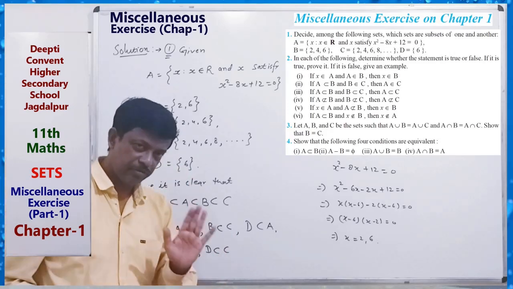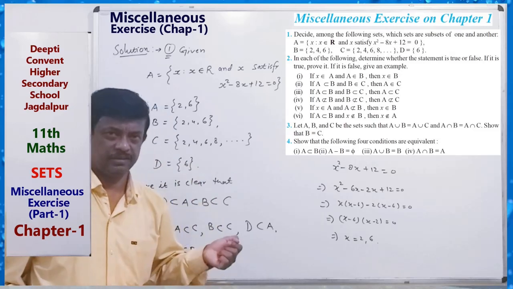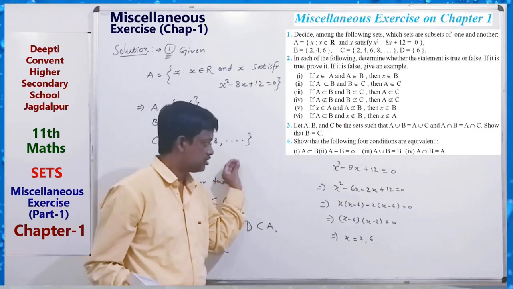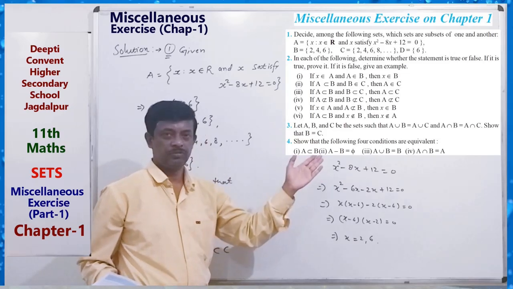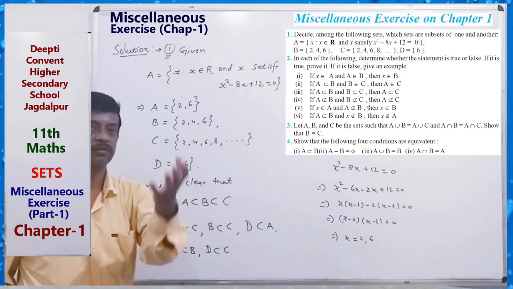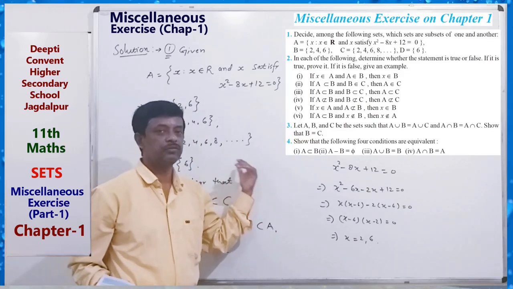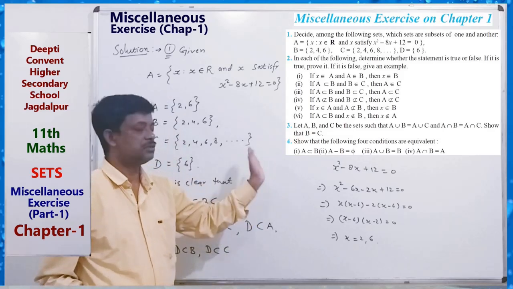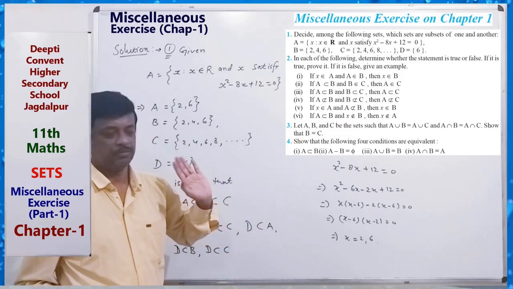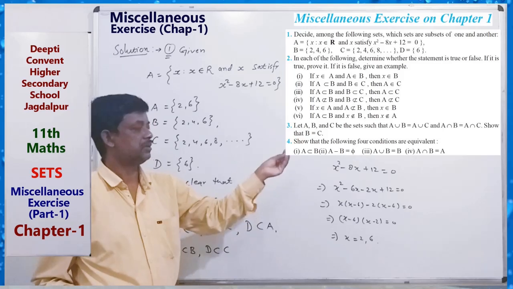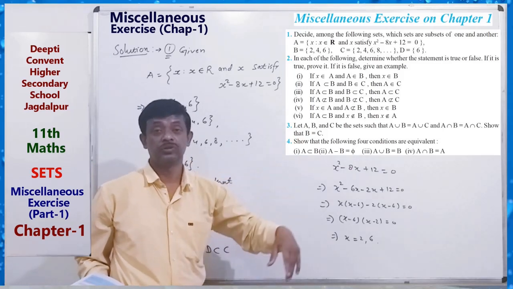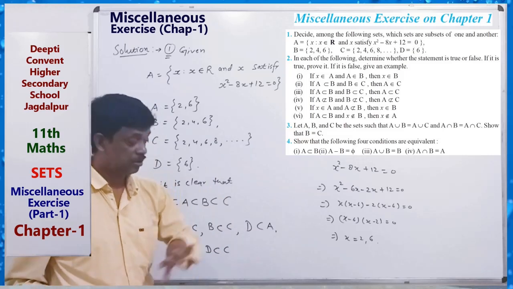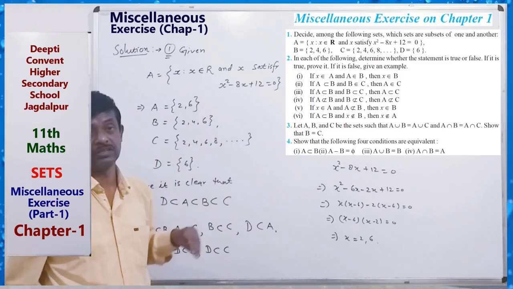Listen very carefully: to show a statement is not true, you have to give only one example, a particular case where the condition is not true. And in general, if some condition is true, then you have to prove it generally, not by taking a particular example.